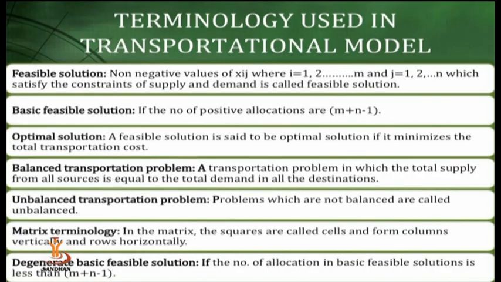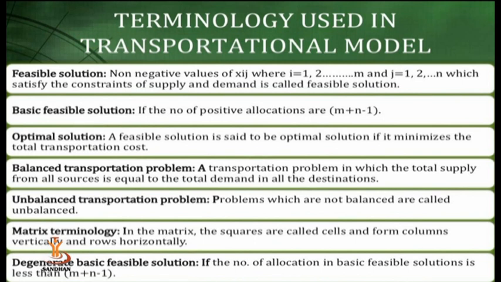Moving on. Let us try to understand the different terminology used in the transportation model. Feasible solutions are the non-negative values of Xij which satisfy the constraints of supply and demand. A basic feasible solution is one where the number of positive allocations is m plus n minus 1.